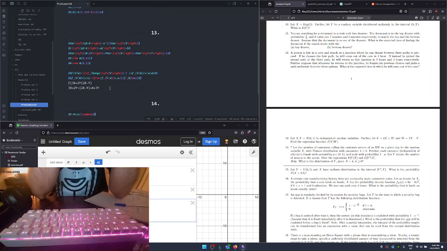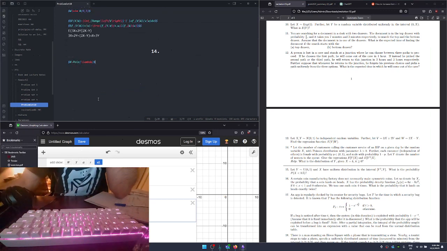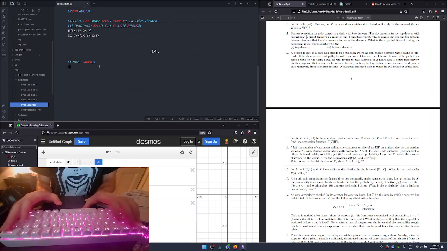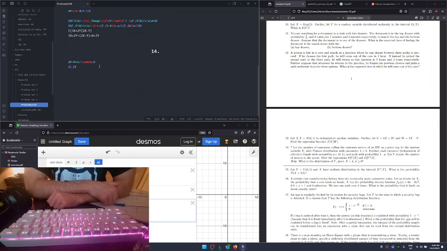Yes, and then each customer, independent of others, is a female with probability p. So we have an indicator variable for being a female, indicator of female, with probability p, I guess.